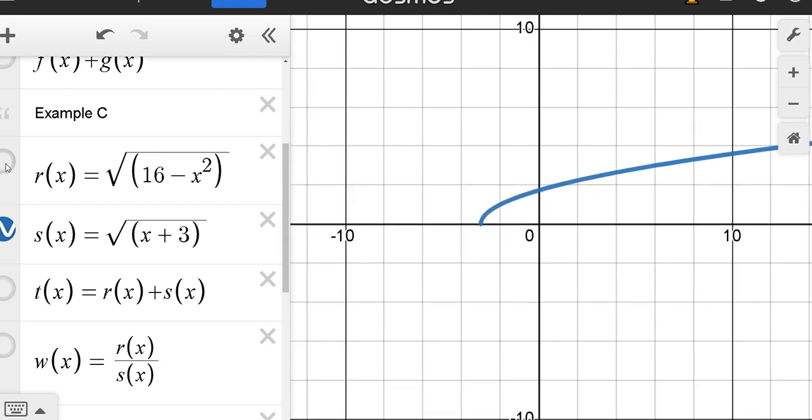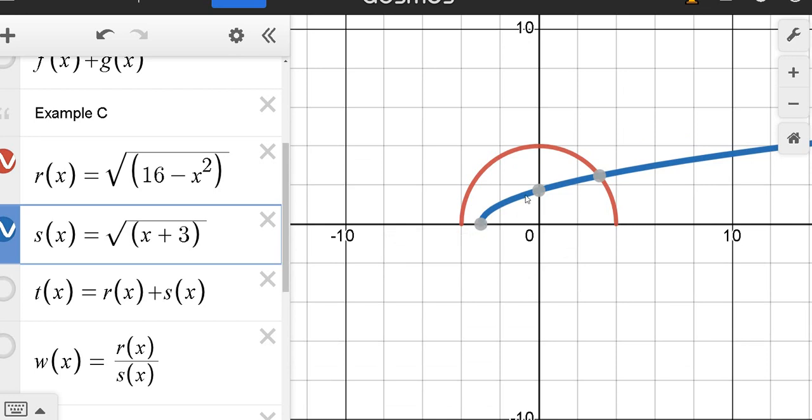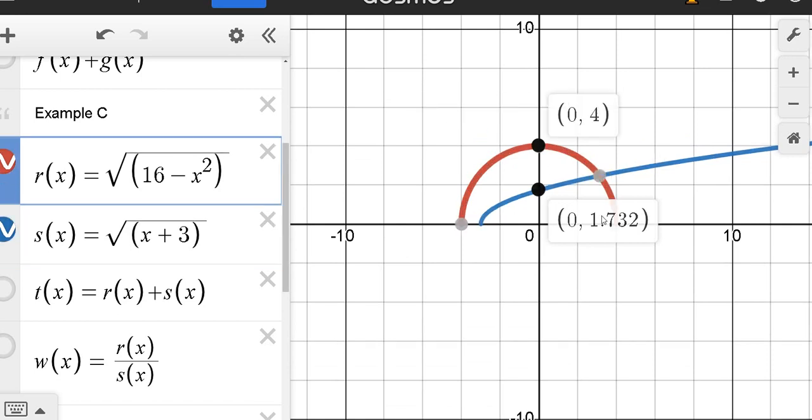So for instance, if I wanted to figure out what f plus g of x would look like at 0, I could take g of 0 plus f of 0, 1.732 plus 4 should be 5.732. So it should be up here someplace. That's what f plus g should look like.